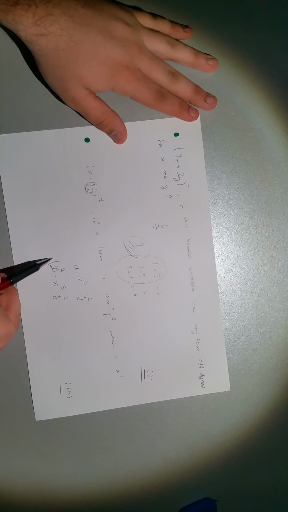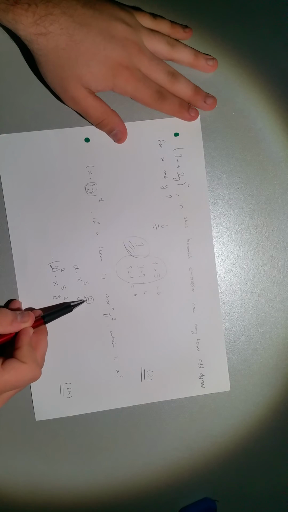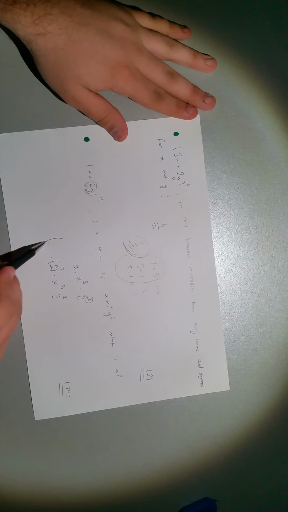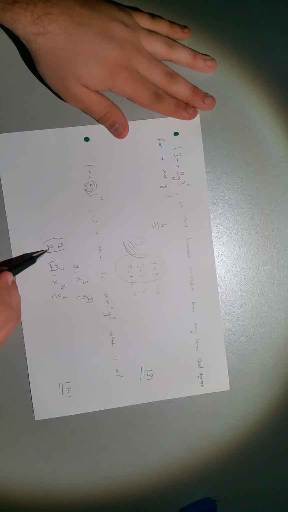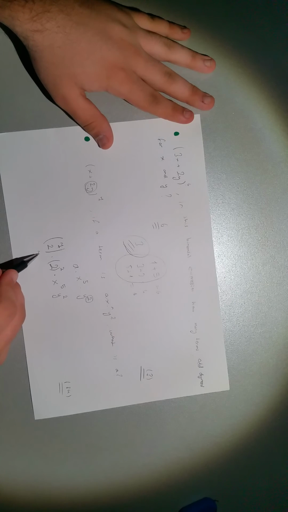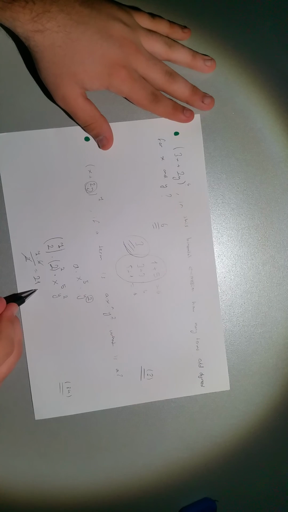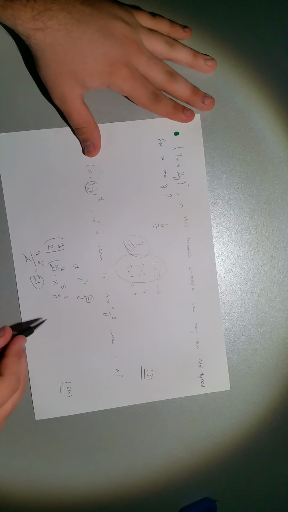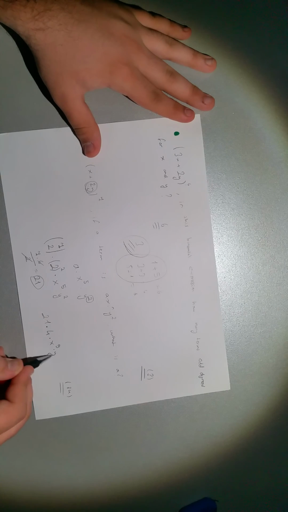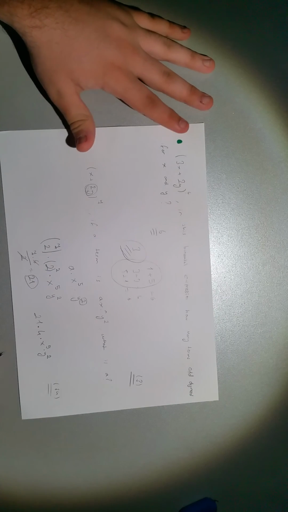And if it's the third term, this will be 7 choose 2, 7 times 6 divided by 2, which gives 21. 21 times 4 times x to the power of 5 times y to the power of 2.